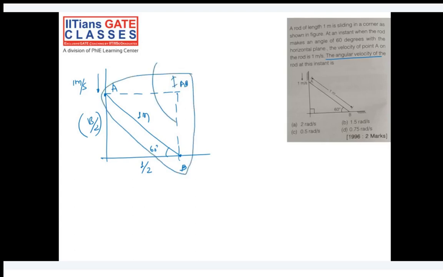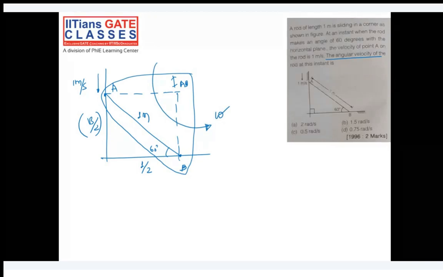is turning at an omega. The velocity of point A is already given to you, and the velocity of point B is, okay, they are not given it, no worry.